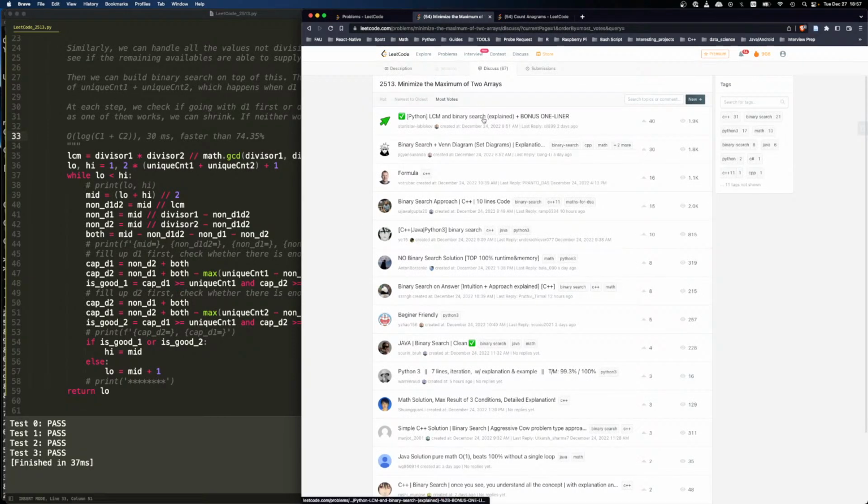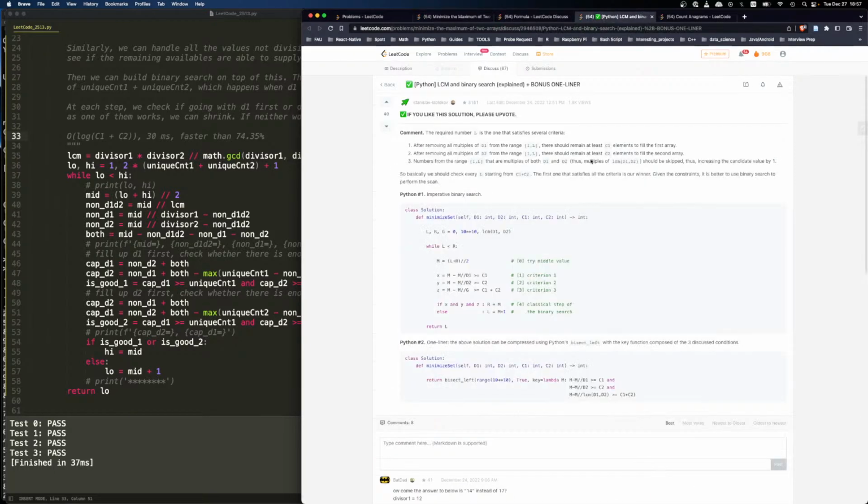LCM and binary search. One-liner. Oh my god. And you can do a formula. Oh, a lot more to learn. Oh, this is just a cheeky one. That doesn't really matter. They use the key. That's okay.